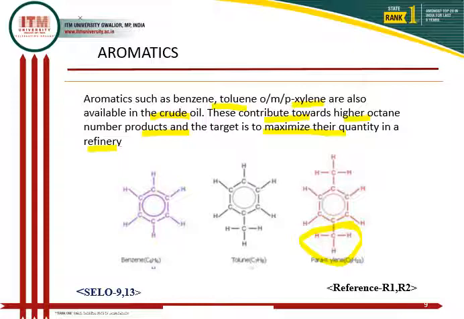We have earlier talked about the reforming. So there is an increase in the aromatic content by such reactions, which can have the better anti-knocking characteristics, which is required in the crude oil. Okay, so the aromatic compounds are very important in the crude oil. So to maximize these compounds for the better quality of the crude oil is very much required.